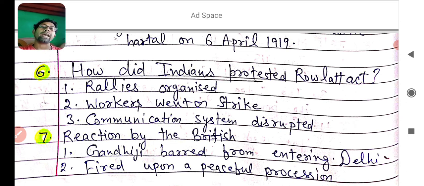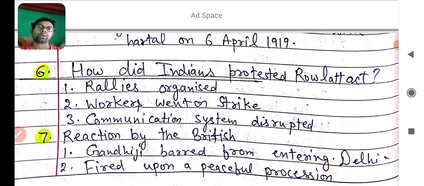Gandhiji was barred from entering Delhi. The British government announced that Gandhiji is not allowed to enter Delhi. And they fired upon a peaceful procession when people were protesting the Rowlatt Act in a peaceful manner.